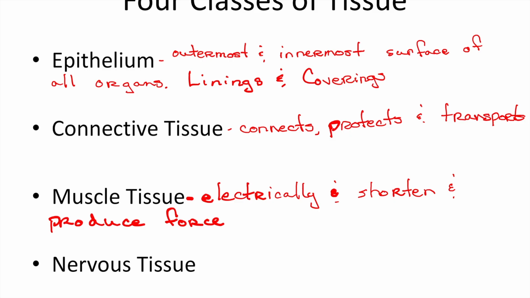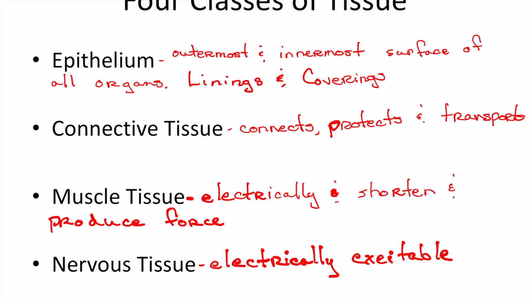Nervous tissue is also electrically excitable but it conducts signals from point A to point B.